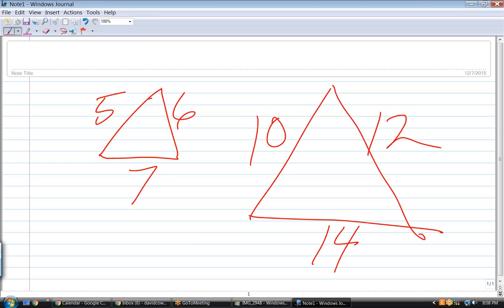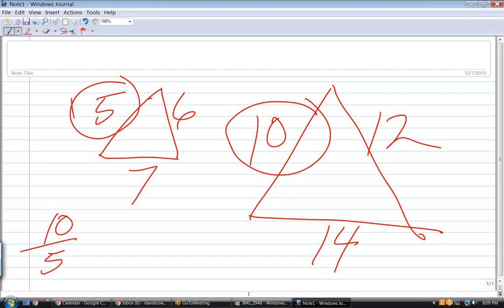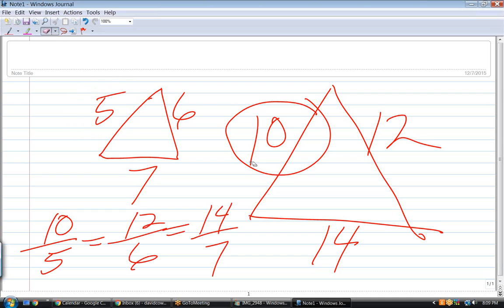The way you normally do this is you take the same corresponding side of that triangle and you make it 10 is to 5 as 12 is to 6 as 14 is to 7, right? That's the way we usually look at the ratios when we have similar triangles.